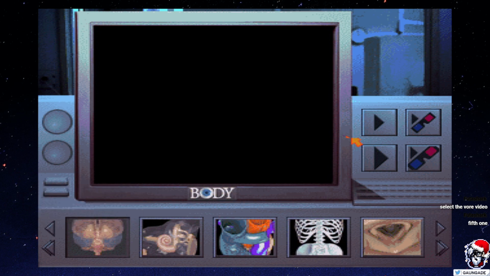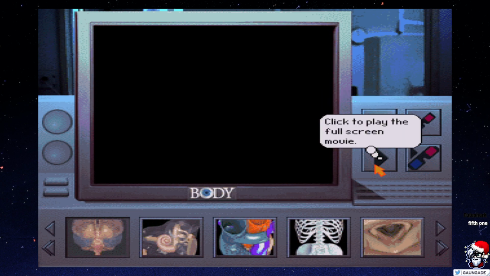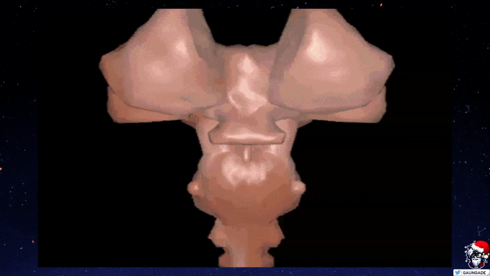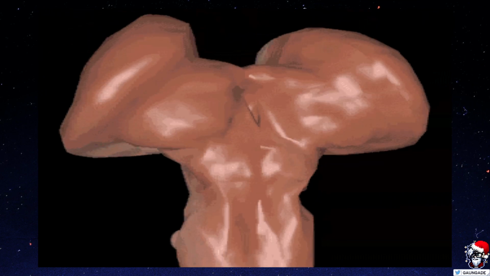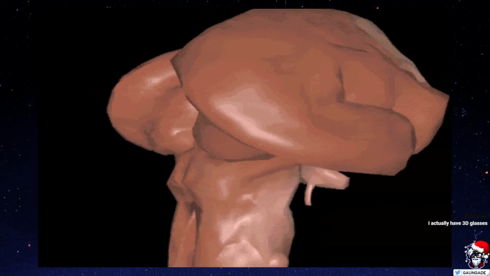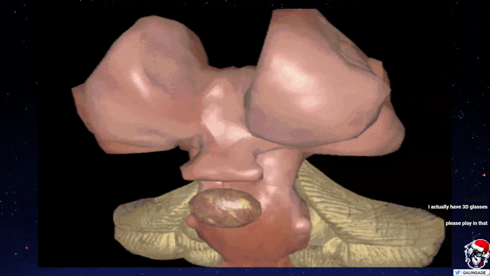The brain! We can watch it in 3D. Full screen? Oh fuck. Brainstem. Brainstem. Pituitary. Yeah, I'll put it in 3D next time.